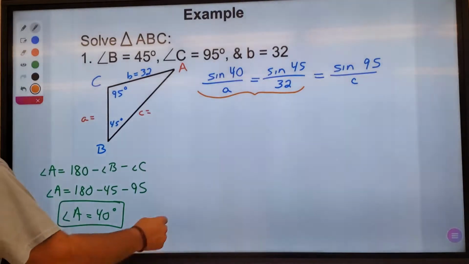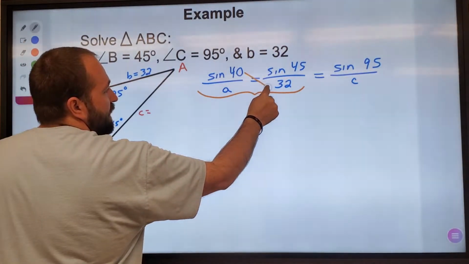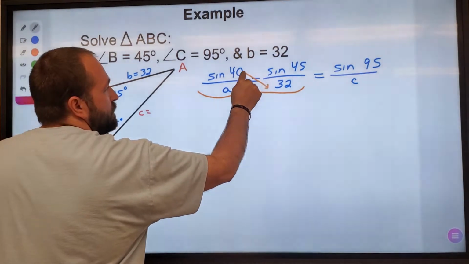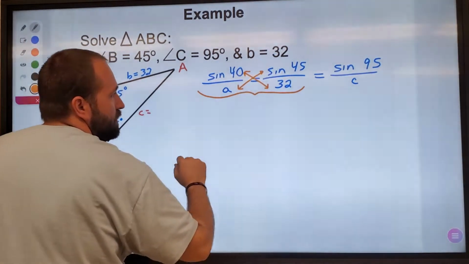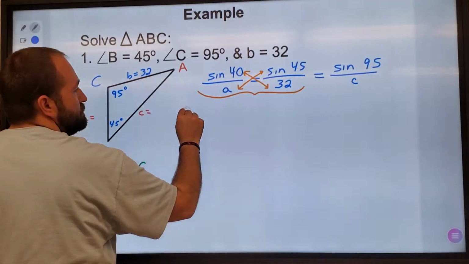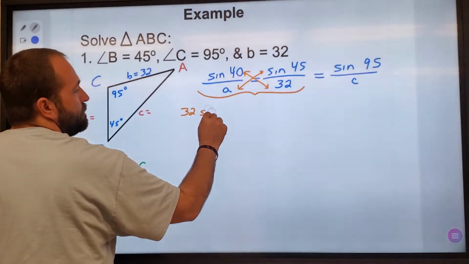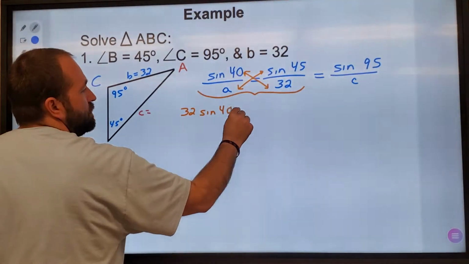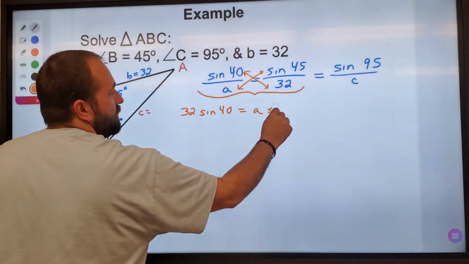Cross multiplication means that we take the numerator of one times the denominator of the other, and vice versa. So here I would have 32 times sine of 40 is equal to A times sine of 45.